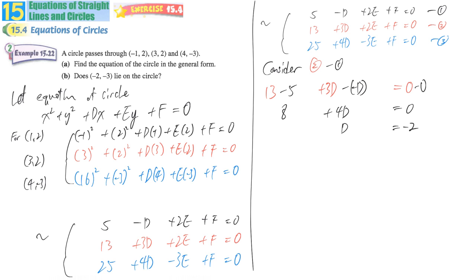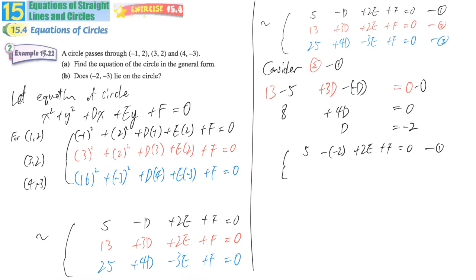Once we know the value of d, we can substitute it into the rest of the equations. Now only 2 unknowns are left. Maybe I just focus on equation 1 and equation 3. The equation becomes 5 minus -2 plus 2e plus f equal to 0. This is the first one.